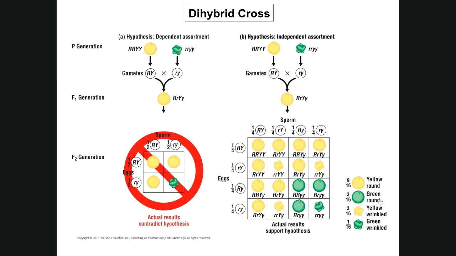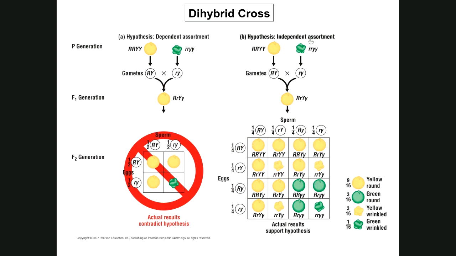And then the other ones, on average, there would be 3 out of 16 offspring that would have the dominant color for yellow, but the recessive shape for wrinkled. So it was these 2 groups that proved independent assortment. It is possible to inherit a dominant phenotype for one trait, but a recessive phenotype for another trait.